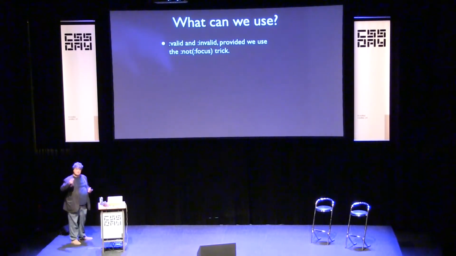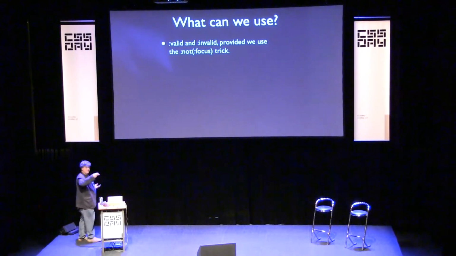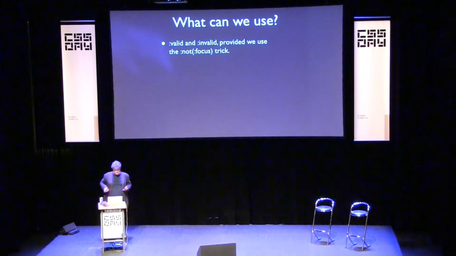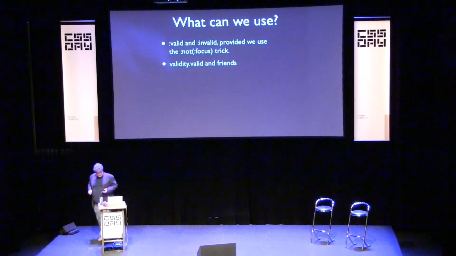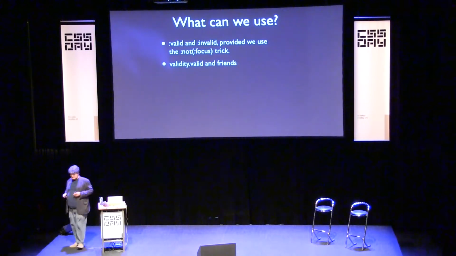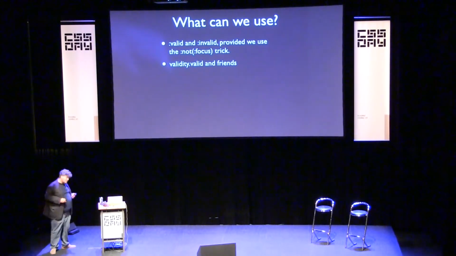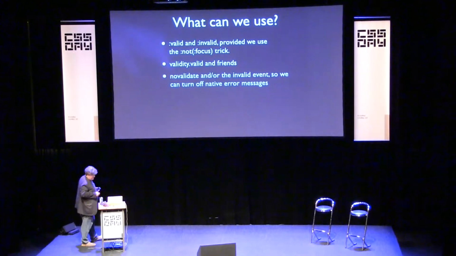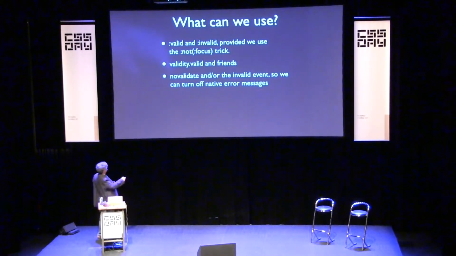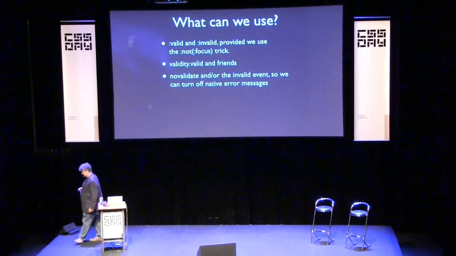Only show the styles when the user does not currently focus on the field. validity.valid and friends are very useful because you can actually figure out what's wrong with a form field. Turning off native error messages is also very useful. It's a sad commentary on native error messages that the most useful part of them is turning them off.